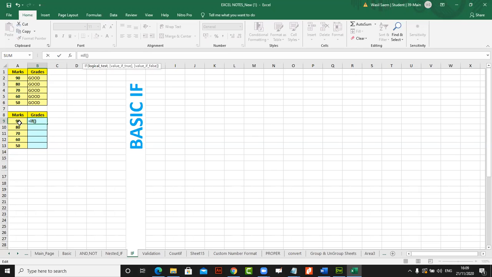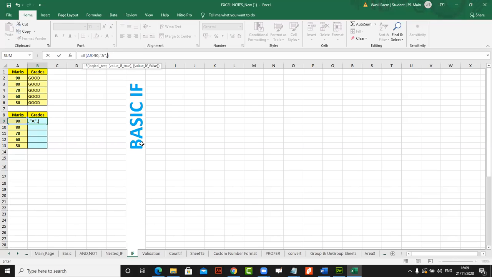I want that if the value in A9 is greater than 90, I would like you to write A. Otherwise, no, I will not end otherwise with false, because if I end with false, I end the function. I don't want to end the function because now I want a nested if, multiple ifs, multiple conditions.